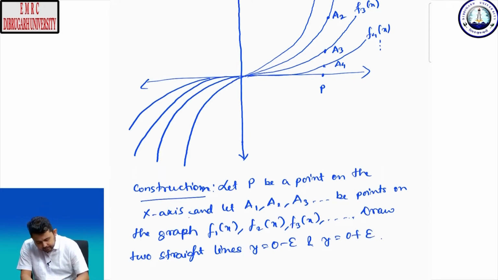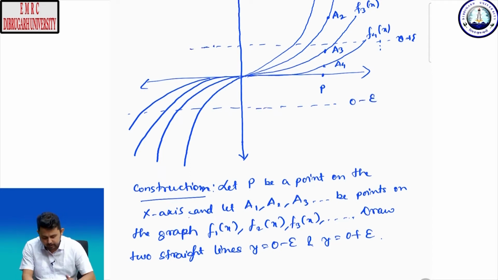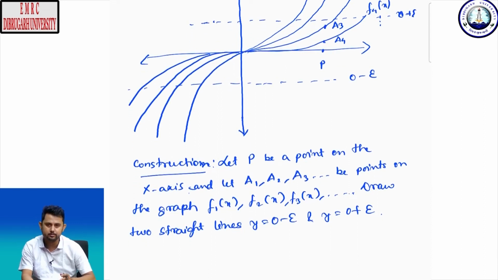So, the line that we draw is, say we have, this is my line y equal to 0 plus epsilon, and here I might have, so here is my line 0 minus epsilon, right. So, what we are trying to observe here is that all the sequence of functions converge to the limit f of x equal to 0.